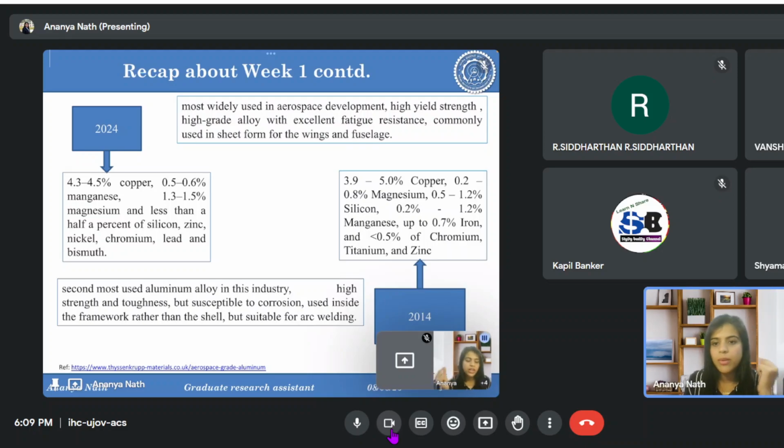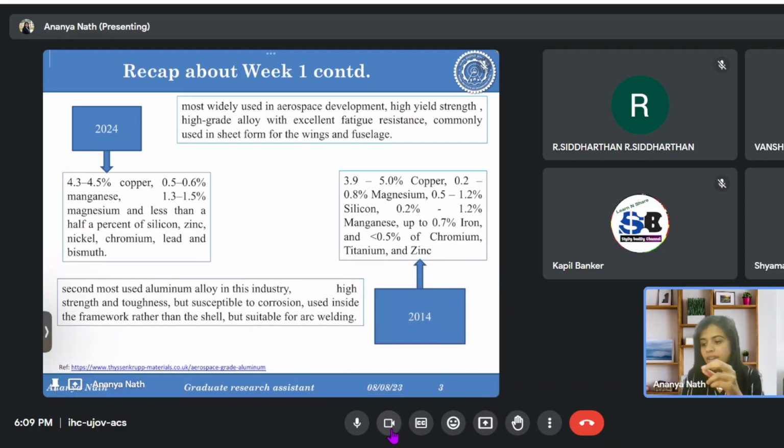According to the properties we want, when we use any aluminum alloy for a particular application, we choose the alloying element percentages that way. So copper is the main element here. In 2014 also, 3.9 to 5% copper is present.